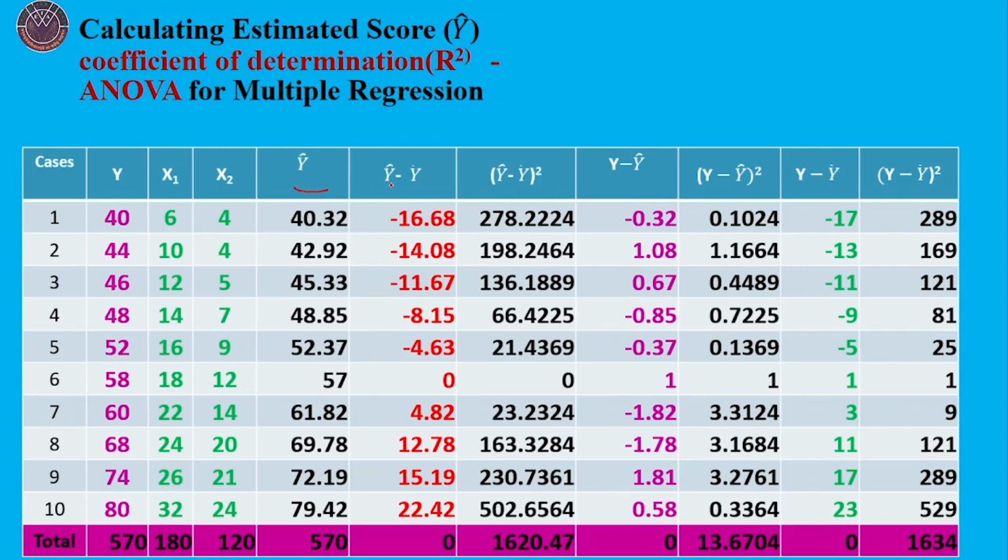For each value of y, we will calculate the regression value, that is y cap minus y bar. If we square this term, we will get the regression square, and when you add this particular column, you will get the regression sum of square.